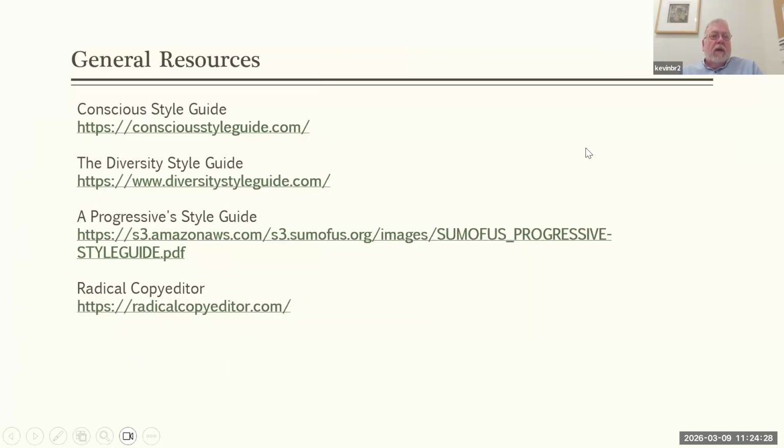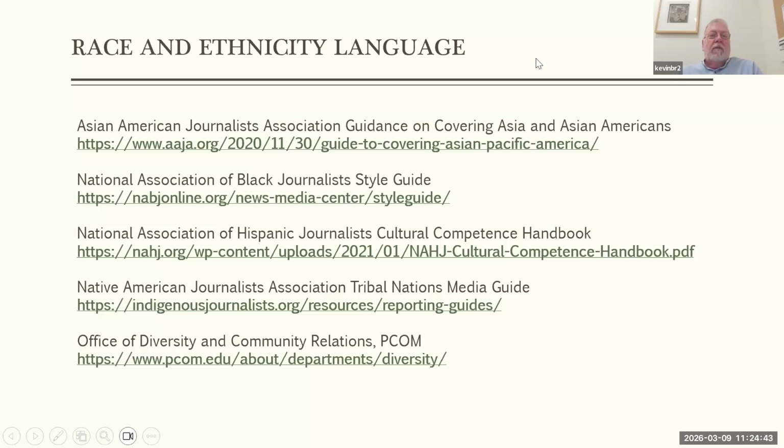Okay, here are some general resources on stylization, diversity, progressives, radical copy editor. So if you're doing writing in particular, that'll be useful for you. Resources for race and ethnicity language.